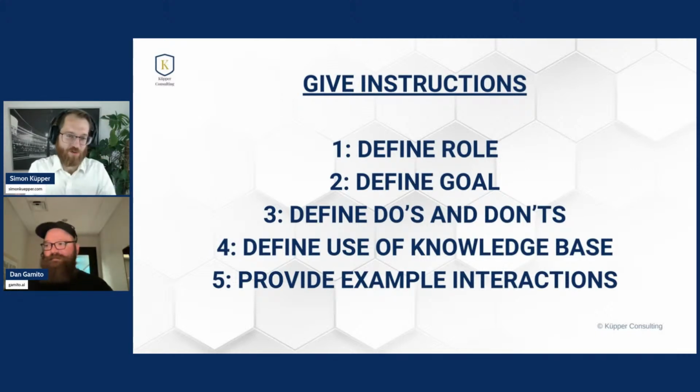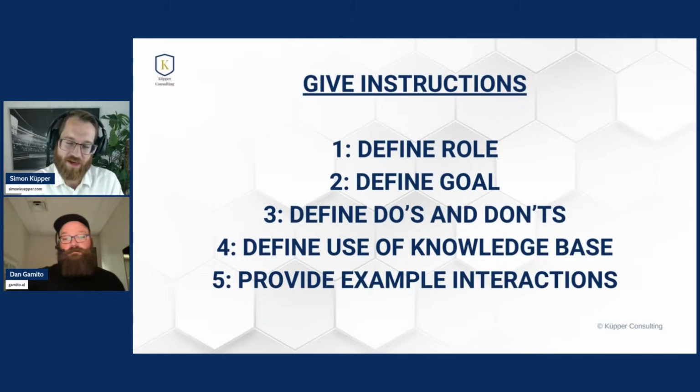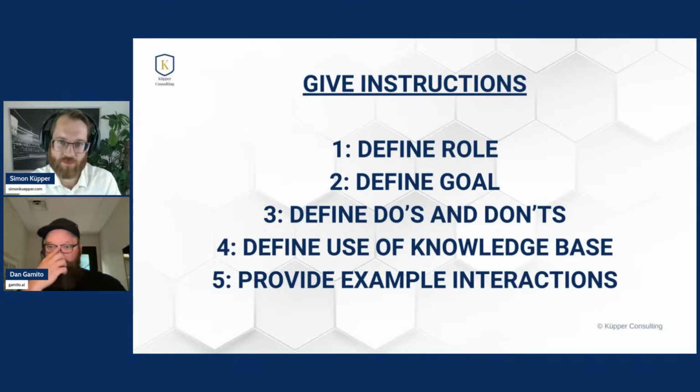Okay, so here are a few steps that you can follow when designing these instructions. Again, first step, define the role that the AI is going to fulfill or play. Then second step, define the goal. What is the actual goal that you want to achieve?